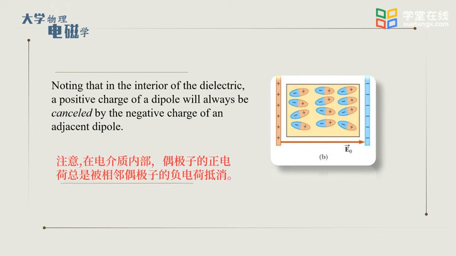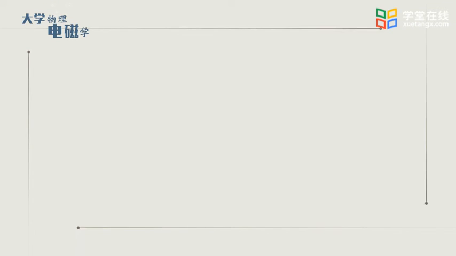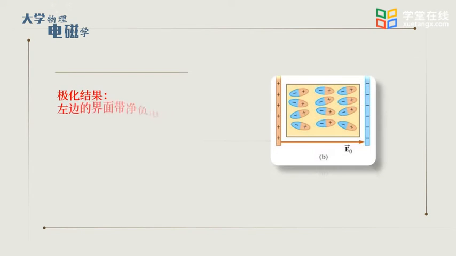Note that in the interior of the dielectric, a positive charge of a dipole will always be cancelled by a negative charge of an adjacent dipole. We could find the cancellation does not occur at the two surfaces because there are no adjacent dipoles. Thus, the left surface of the dielectric carries a net negative charge.